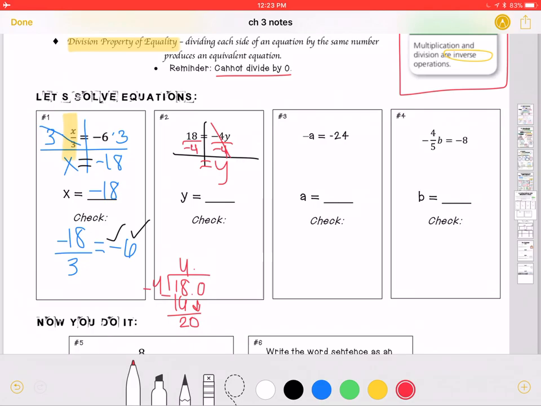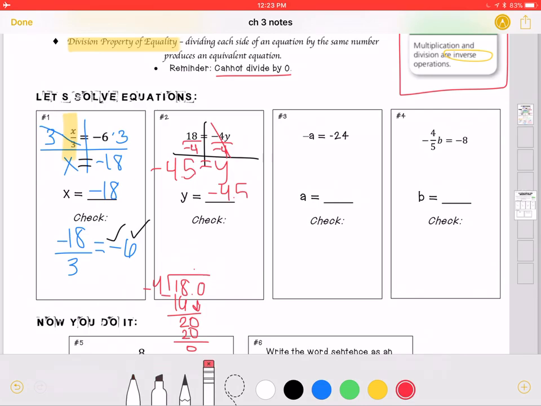Bring your decimal up. 4 can go into 20 5 times. That is 20, so we got down to 0. So I get 4.5. Now, a negative and a positive being divided, different signs, that means my answer should be negative 4.5.